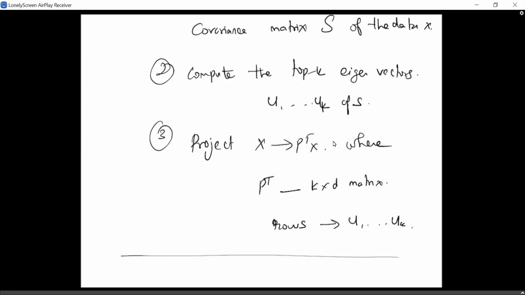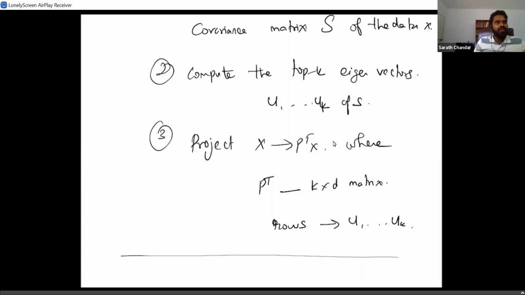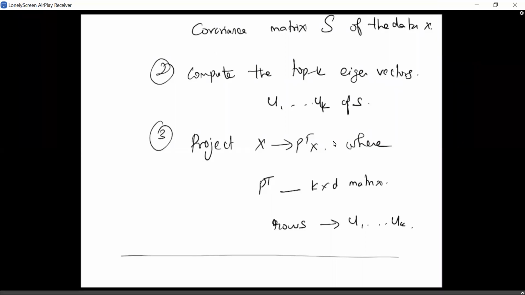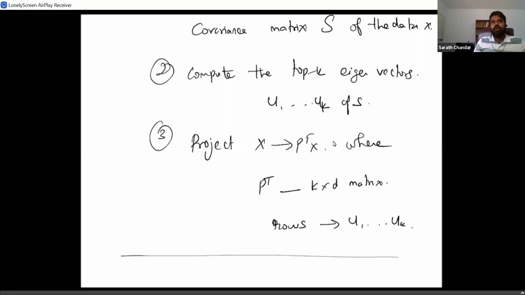Sometimes people use the singular value decomposition, and then they use the U matrix that you obtain to directly get the projections. But that is exactly what we are doing here too.